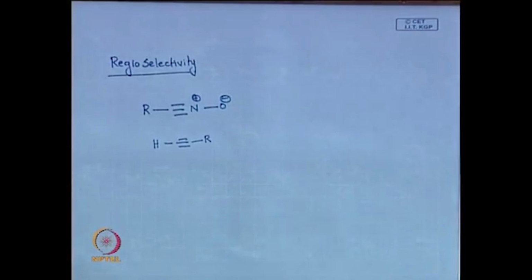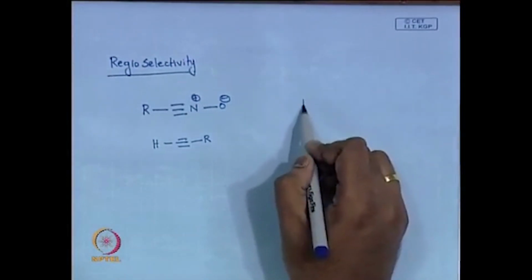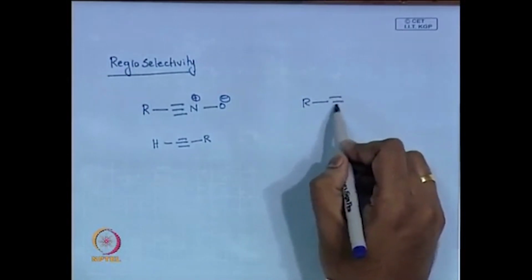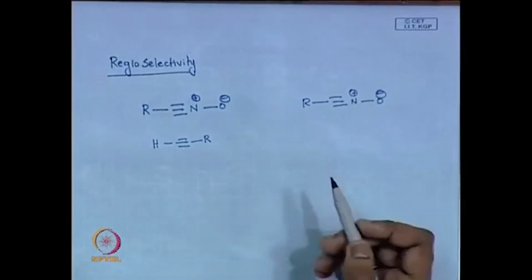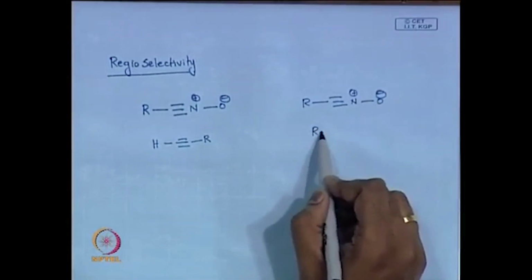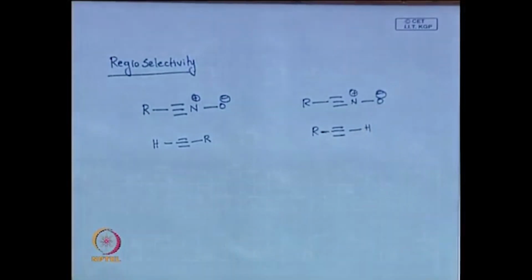Write this way, or okay, your alkyne, I am taking an alkyne, or you can say plus minus, you can write this way.